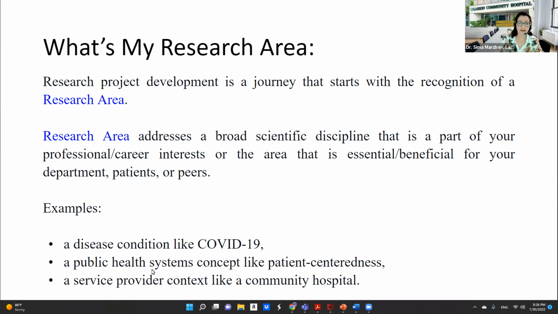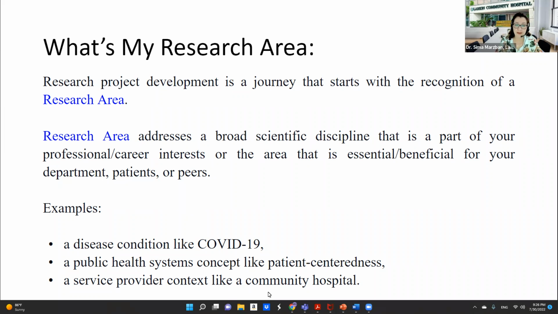Sometimes it can be a service provider context like a community hospital or a teaching hospital or a clinical program which is designated to, for example, rheumatology disease or microsurgery, something like that.